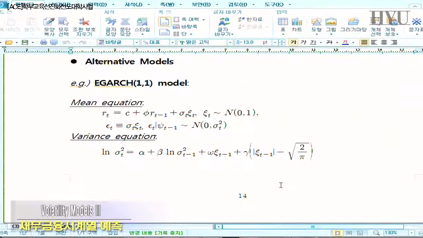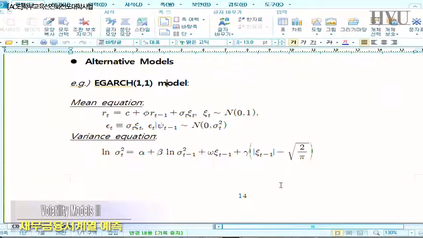And conditional heteroscedastic, well, it's all conditional, and this is not constant, so heteroscedastic. Okay? So conditional and heteroscedastic. Why? Well, the specification up to this point is very similar, actually the same as the basic GARCH model.